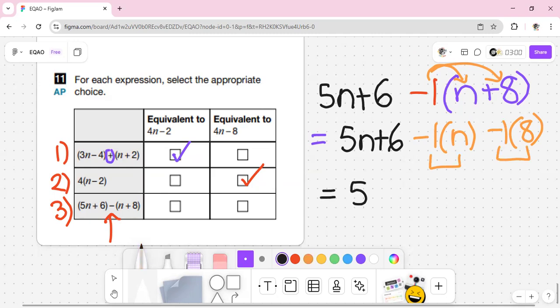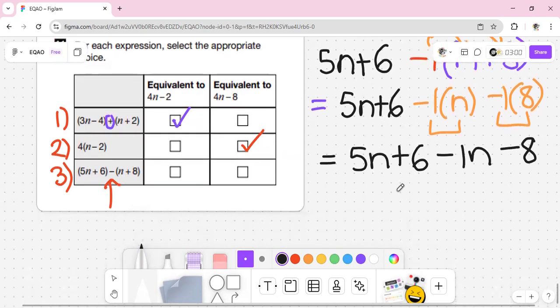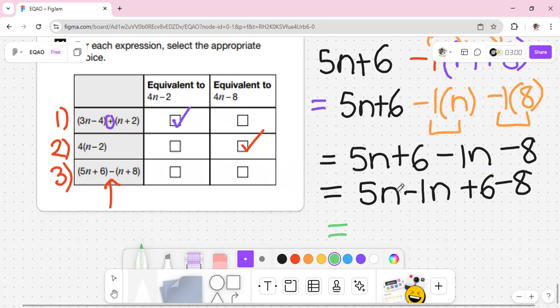So we get 5n plus 6 minus 1n minus 8. To rewrite everything with like terms, this is going to give me a final answer of 4n minus 2. So I will check this box over here.